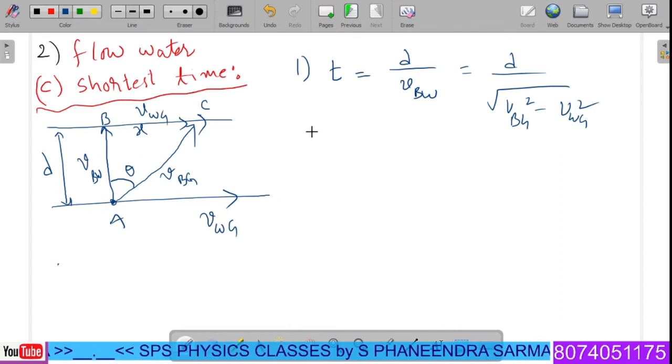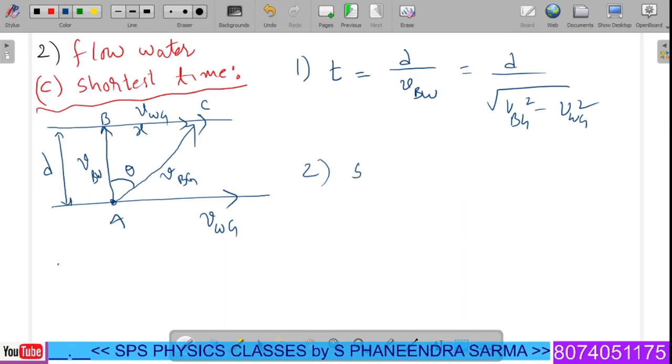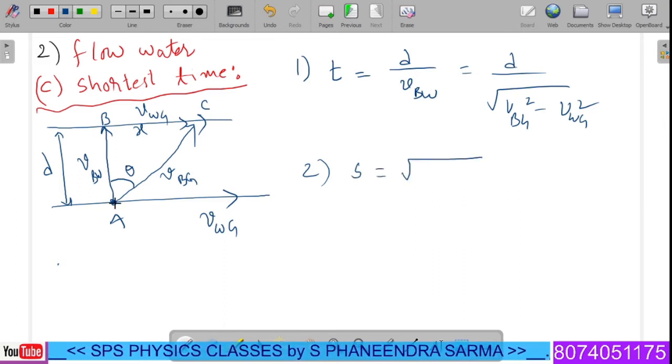Next, what is the displacement of the boat? They will ask. The displacement of the boat S is equal to root of this distance square plus this distance square. Therefore, we write D square plus X square.